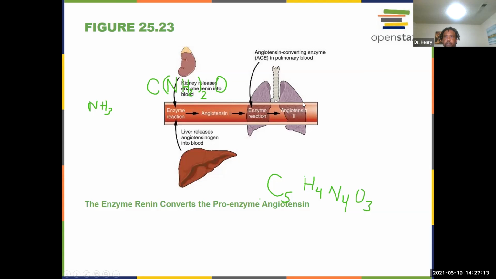Well, this product is going to be responsible for causing sodium channels to be released, and it's actually going to end up causing a shutdown of the production of these enzymes. All right. And so it's a negative feedback loop like we've seen before.